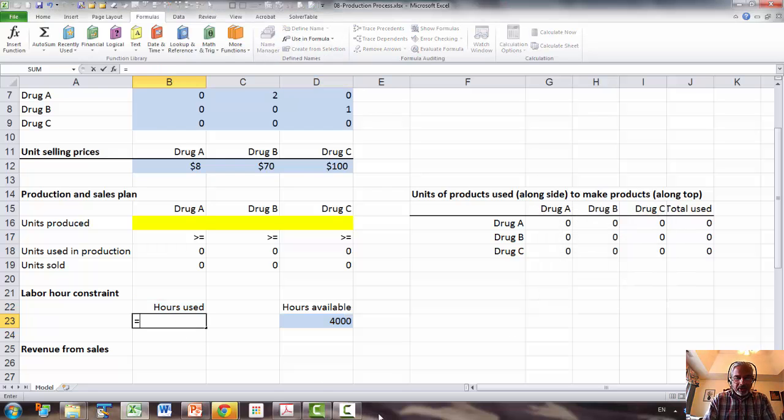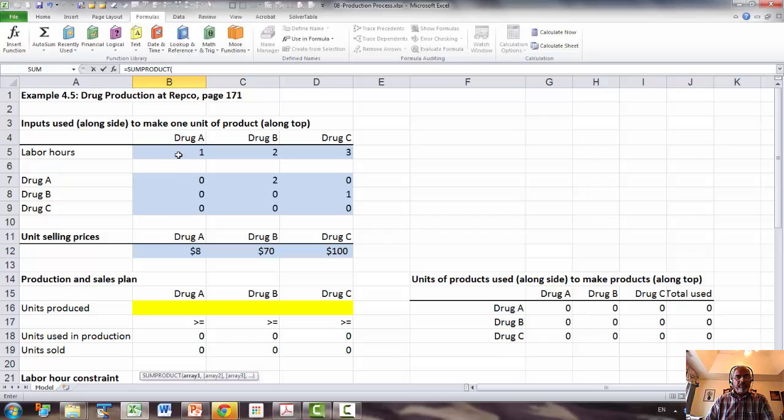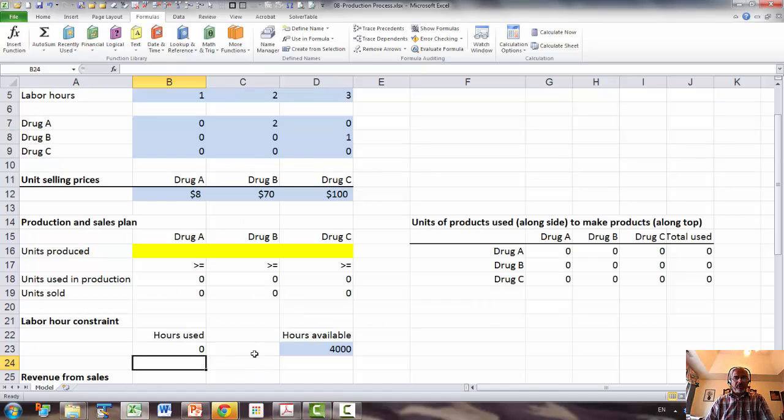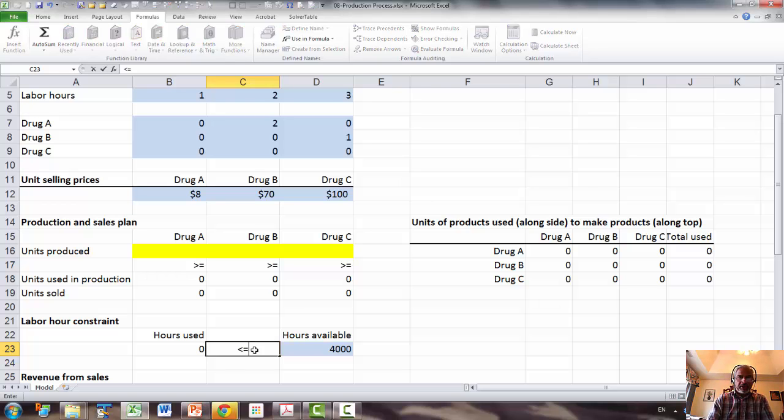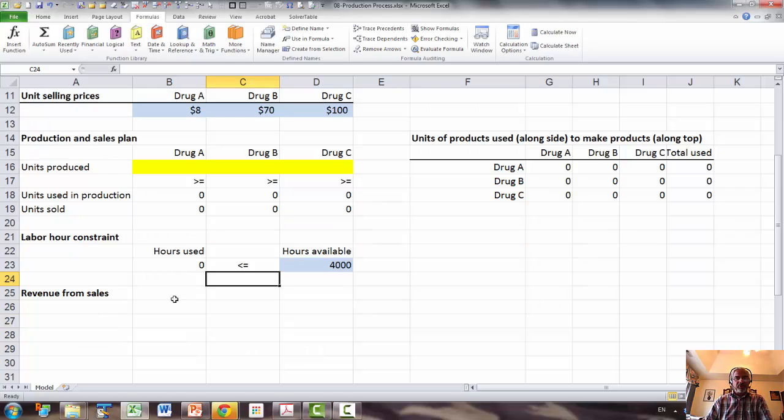Okay, so here then we can do some product of labor hours needed and units of production. So that will give us the labor hours used, which should be less than or equal to labor hours available.